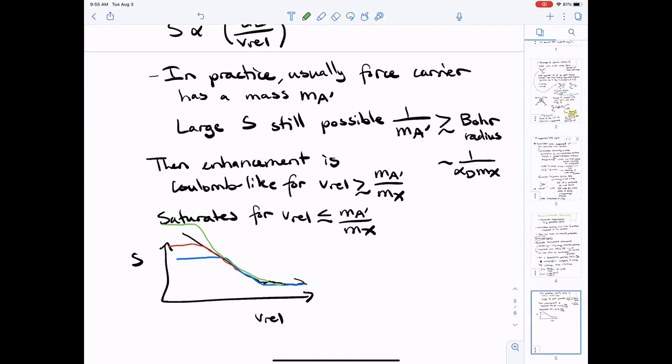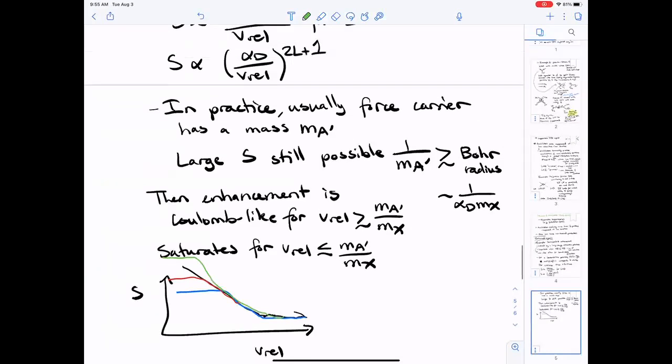On the resonances, where you can get a 1 over v squared scaling in the enhancement, unitarity does appear nominally to be violated. The way that gets regulated is that these 1 over v and 1 over v squared estimates are based on calculating the effect of the potential on the wave function while ignoring the absorptive piece that corresponds to the annihilation.